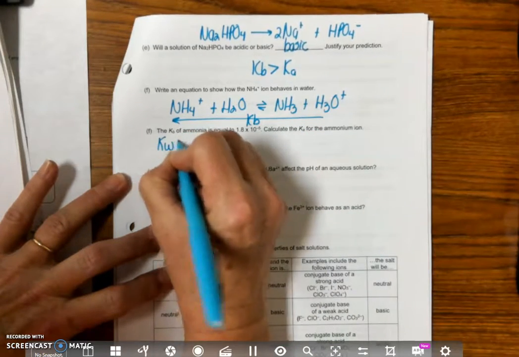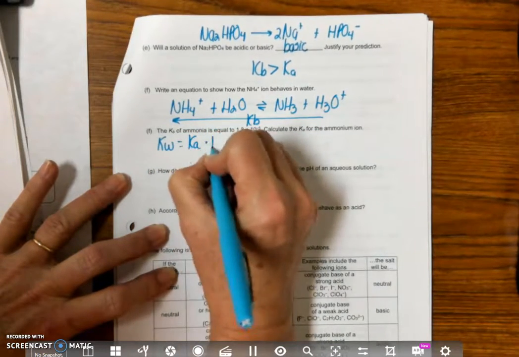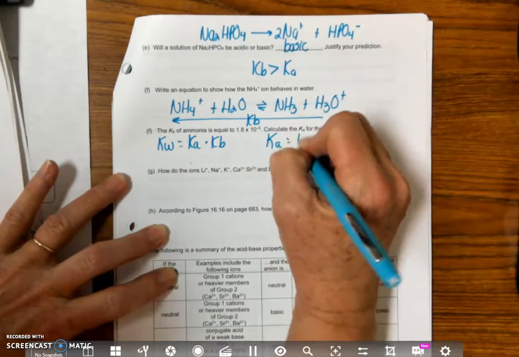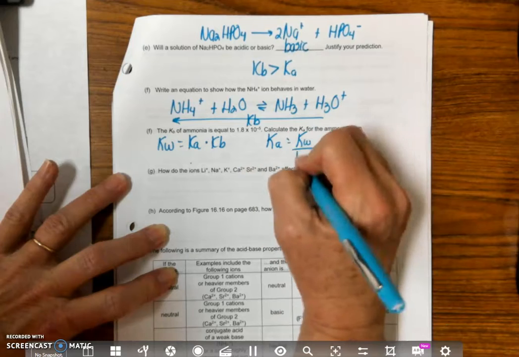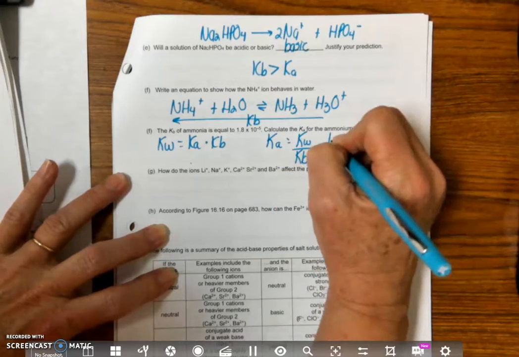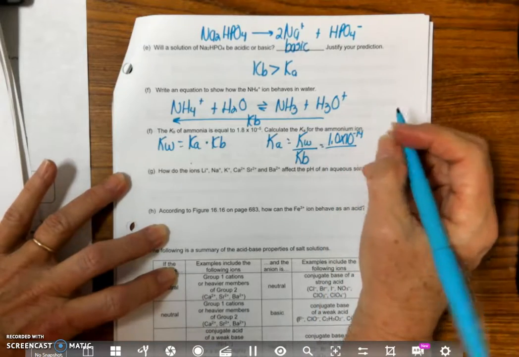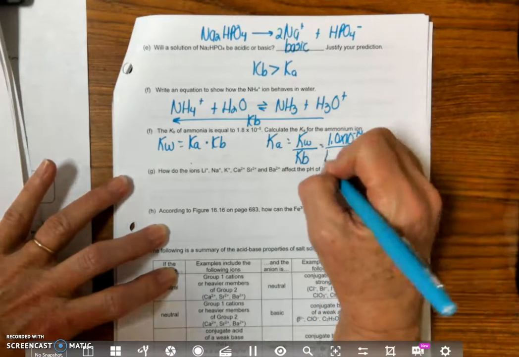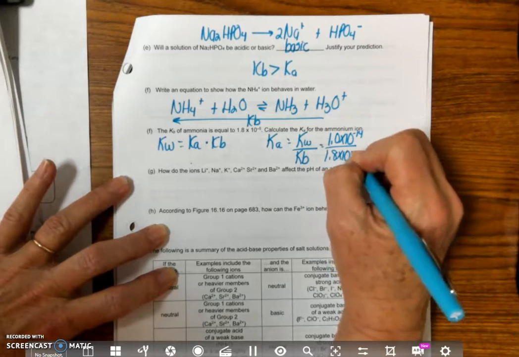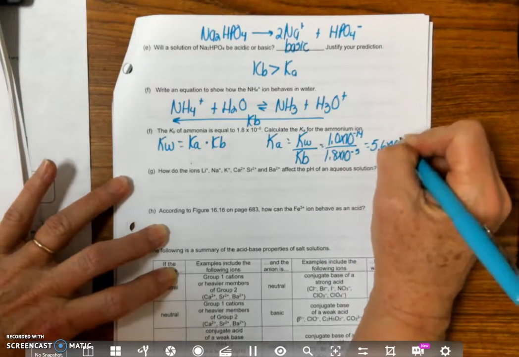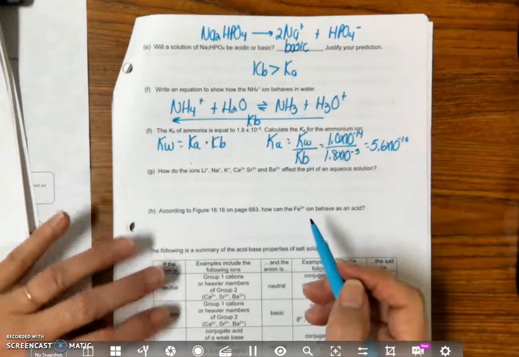So remember that Kw is equal to Ka times Kb. So Ka is going to be Kw divided by Kb, which is 1.0 times 10 to the minus 14 divided by 1.8 times 10 to the minus 5, and that equals 5.6 times 10 to the minus 10.